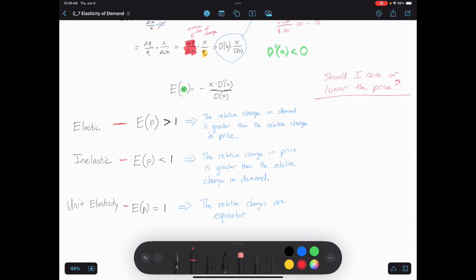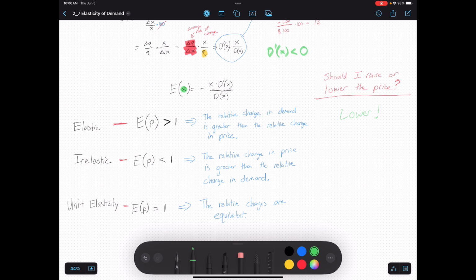And since the relative change in demand is greater, we're going to see a large decrease in demand, even if I only raise the price slightly. But that means the other direction is also true. If I just lower the price slightly, then I should see a large increase in demand. And so therefore, should I raise or lower the price? I should lower the price. So if a price is elastic, I should lower the price.